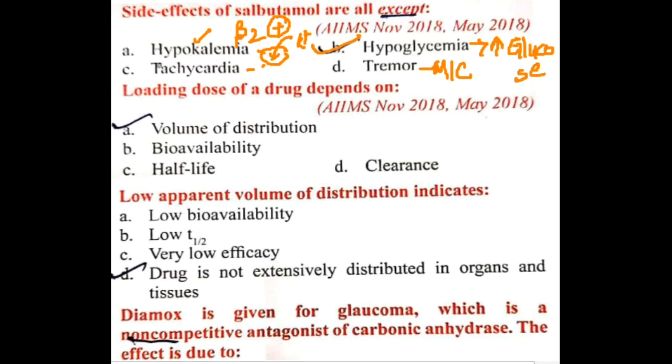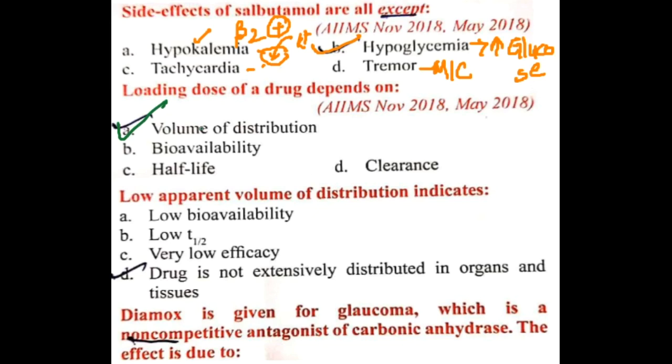Then the next question, loading dose of drug depends upon. Look, loading dose of drug depends upon the volume of distribution, because initially you should give the drug concentration that is similar to the drug which will distribute in the tissues.